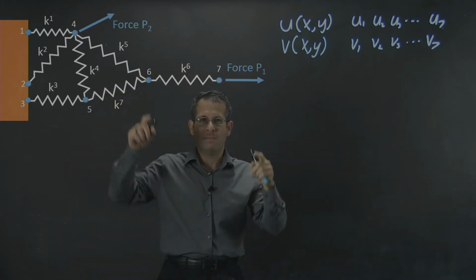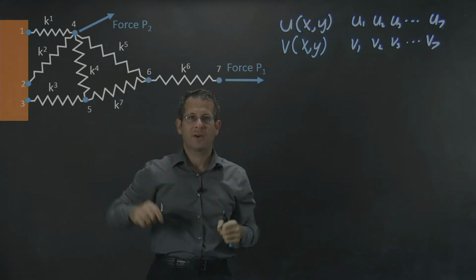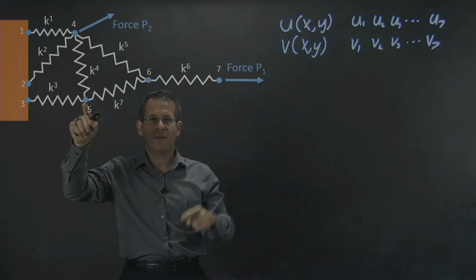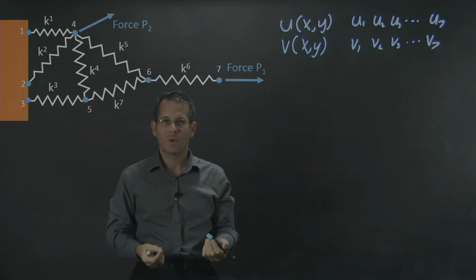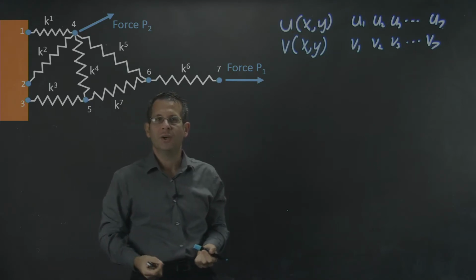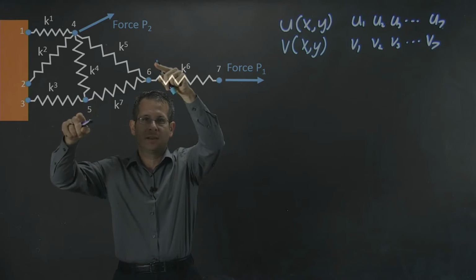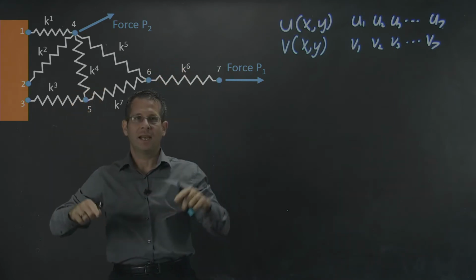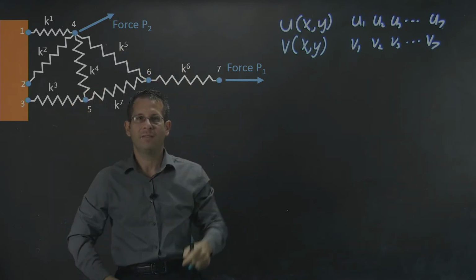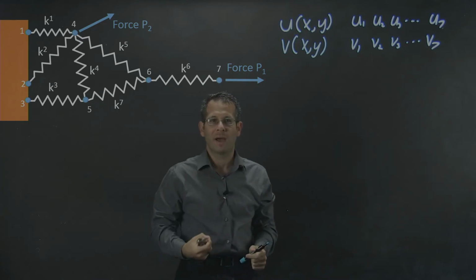But while they move to those locations obeying Hooke's law, node number 5 and node number 6, which are not boundary condition nodes and don't have forces applied to them, can move to many different locations and still have node 4 and node 7 move the amount required by Hooke's law.